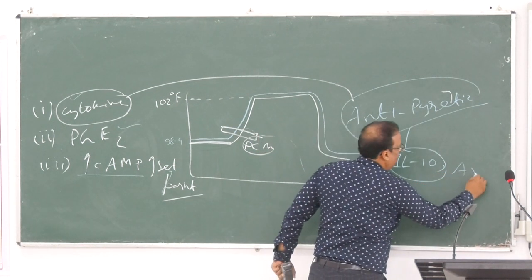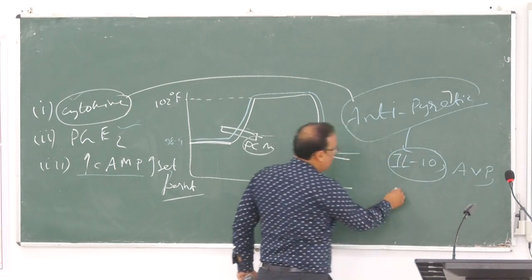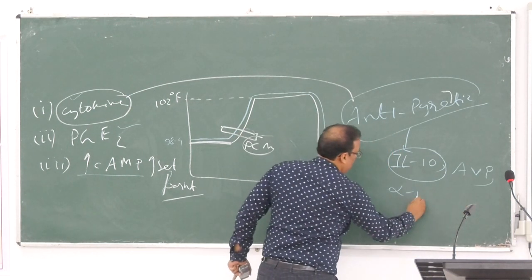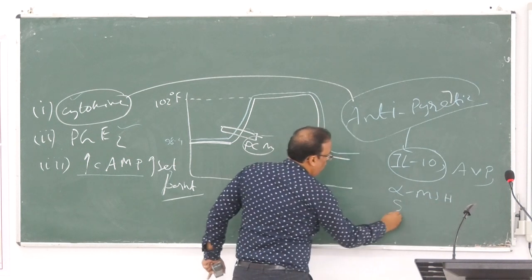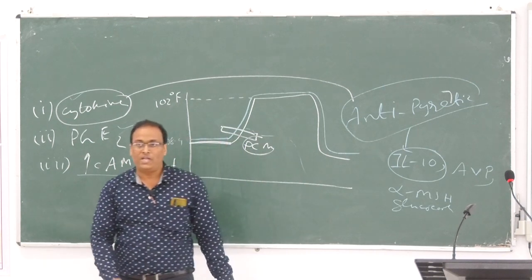Now AVP কি জিনিস সেটা? আর্জিনিন ভেসোপ্রেসিন। দেন কি বললাম একটা আলফা এমএসএইচ, গ্লুকোকর্টিকয়েড। These are the antipyrogens or antipyretics.